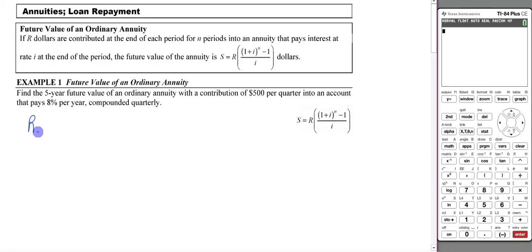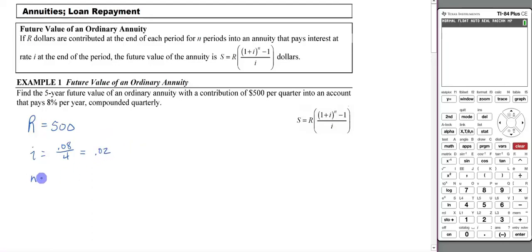Our R is the dollars contributed at the end of each period. R here is $500. Remember that I is 0.08 divided by 4 because we have 4 periods in that year, and that gives us 0.02.